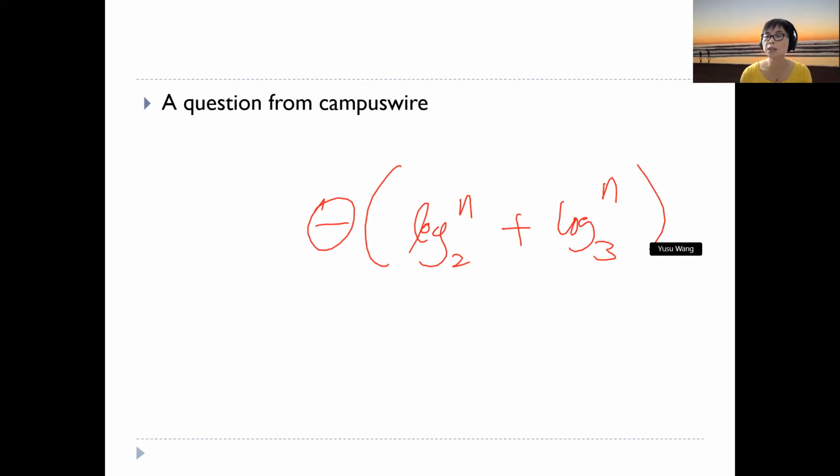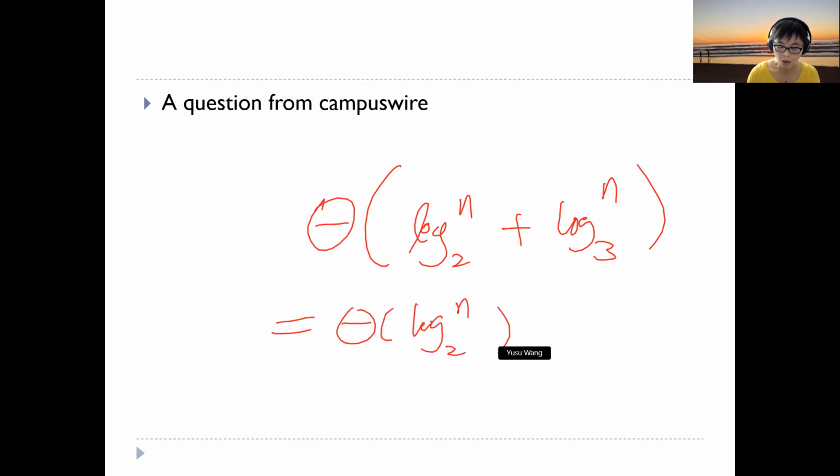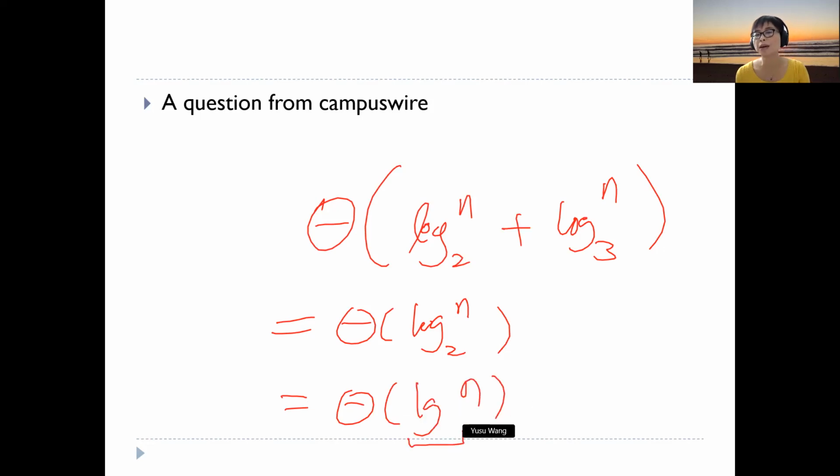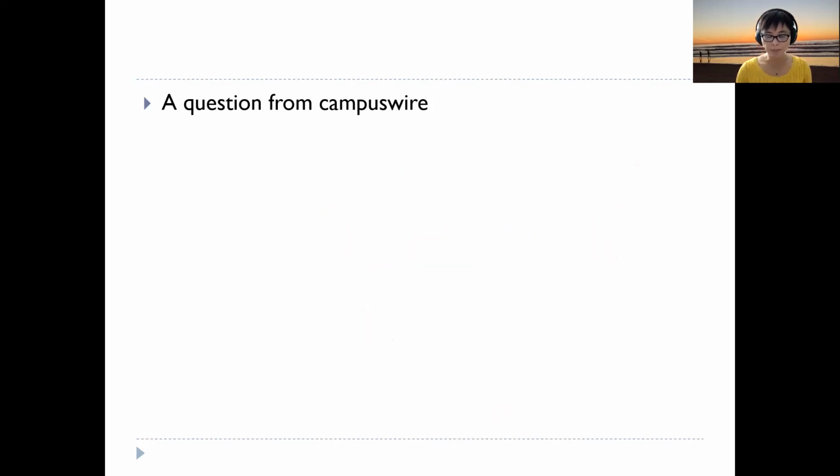Now, this is not the simplest form. You can simply write this as log n. Note that when I write log n, I'm really assuming base 10. All right, so I hope this clarified one of the homework problems.